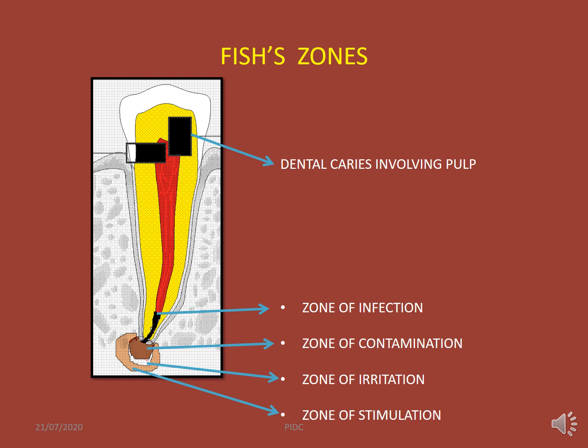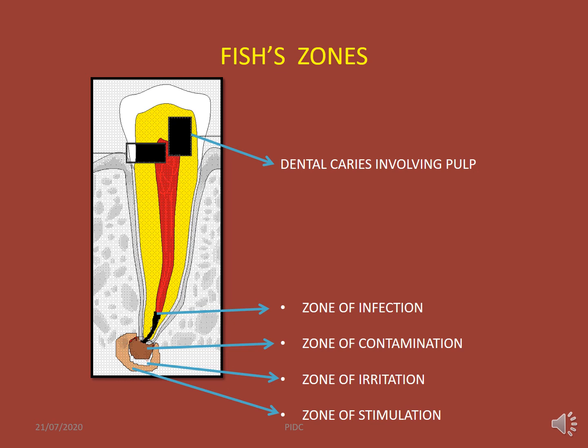The microorganisms are not very motile. They do not move from the entry to the periapical area, but they multiply and then gain access to the periapical areas. Once they gain access, you can see four zones: the zone of infection, zone of contamination, zone of irritation, and zone of stimulation.